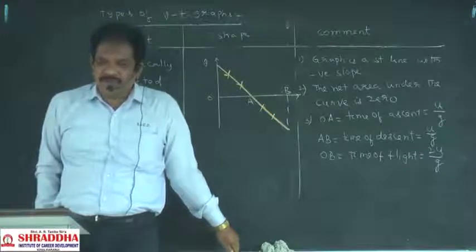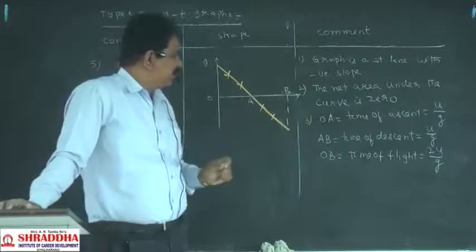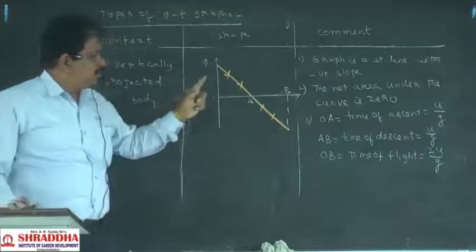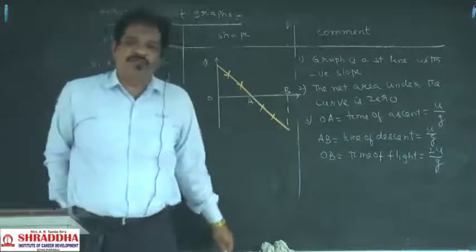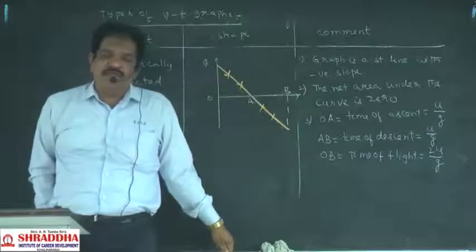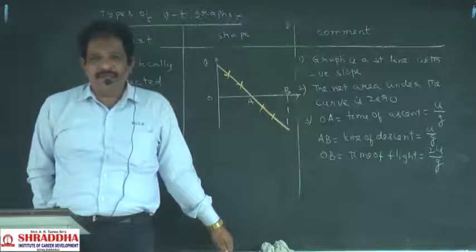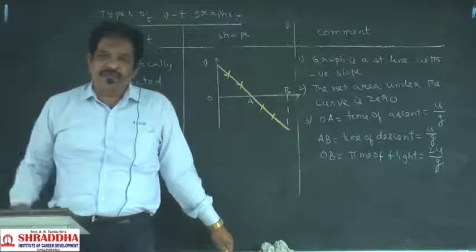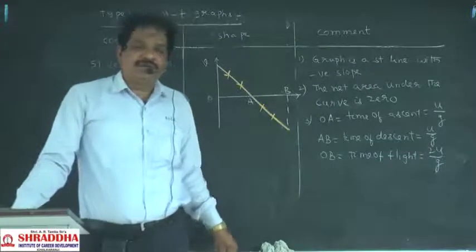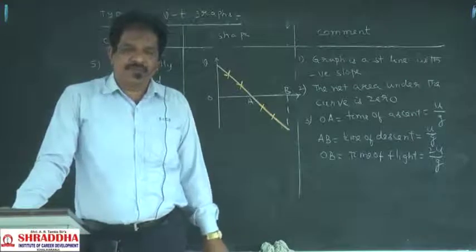For a vertically projected body, what is the shape of velocity time graph? For a body moving with uniform acceleration, uniform retardation, uniform velocity, or a body at rest, what are the shapes of velocity time graphs and displacement time graphs? We discussed up to now.